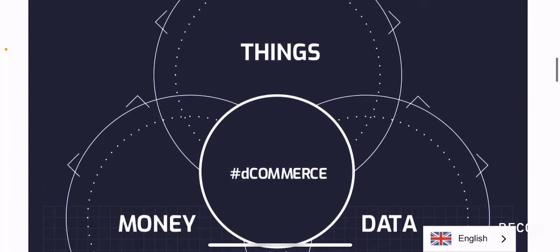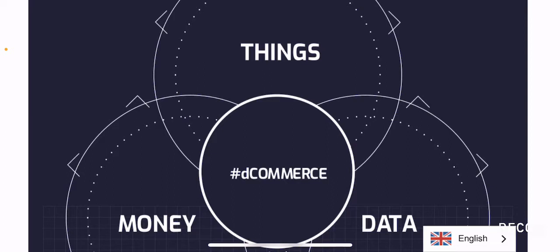If you see things, this is one of the missing puzzles, because when you purchase something, you're basically purchasing something digital. You're not actually getting a physical commodity, and this has been one of the main drawbacks of DeFi.